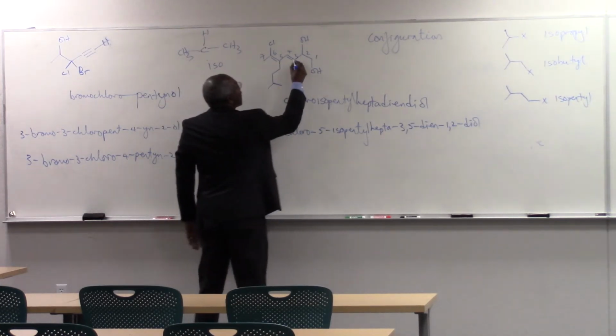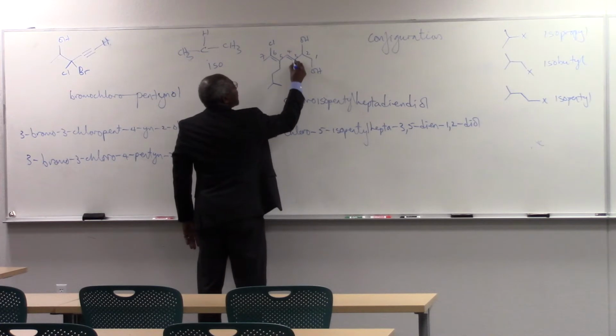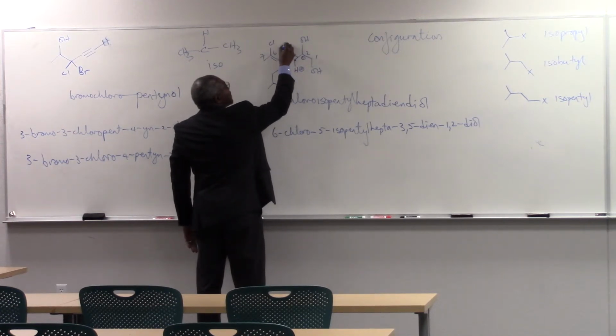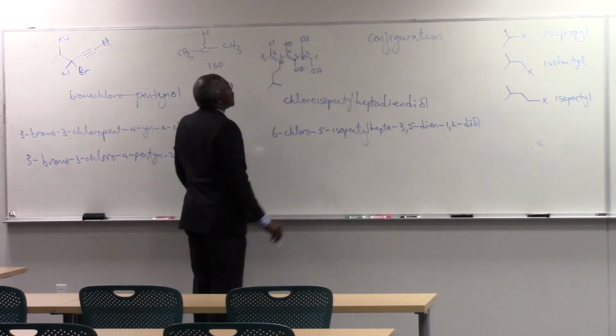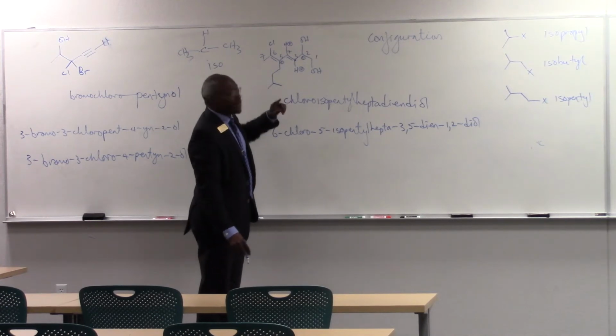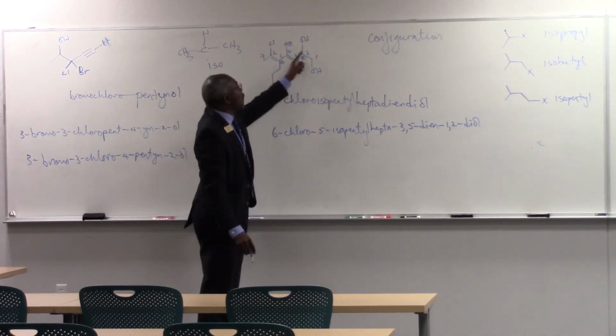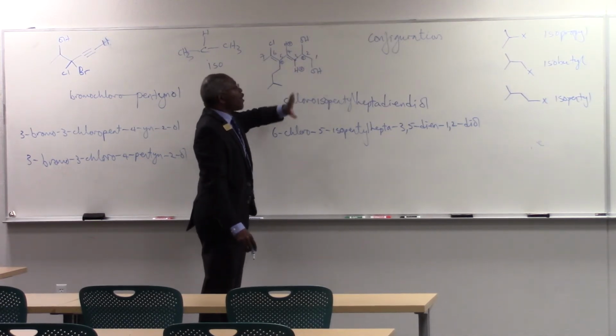Well, obviously, on this carbon, carbon beats H. So this is priority 1, that's priority 2. On this carbon, carbon beats H. So this is priority 1, and this is priority 2. So the groups of like priority, 2 and 2, or 1 and 1, are on opposite sides.